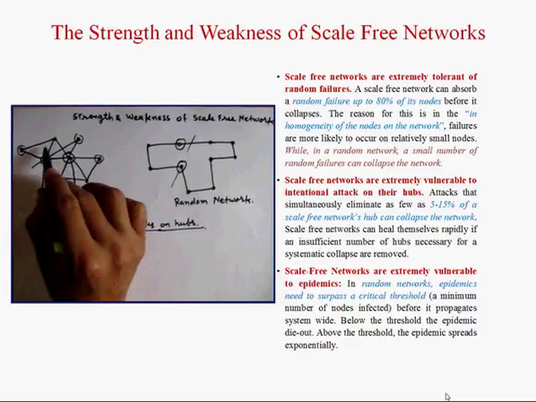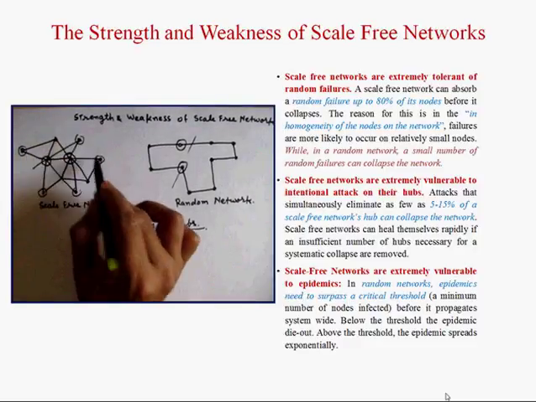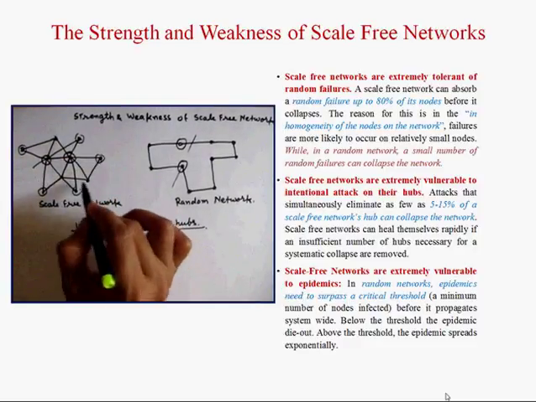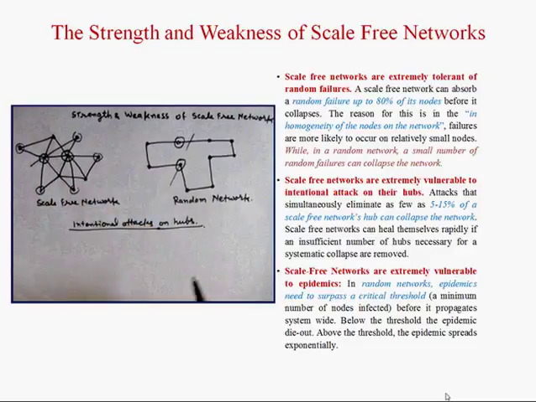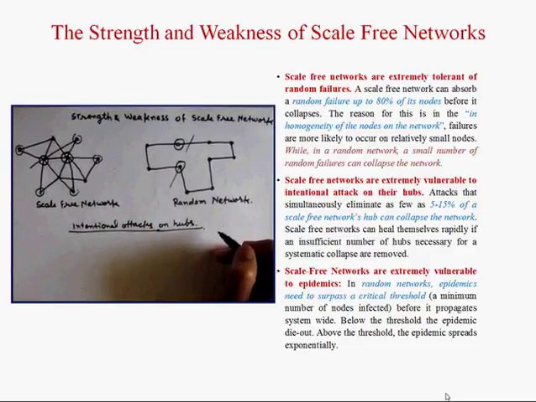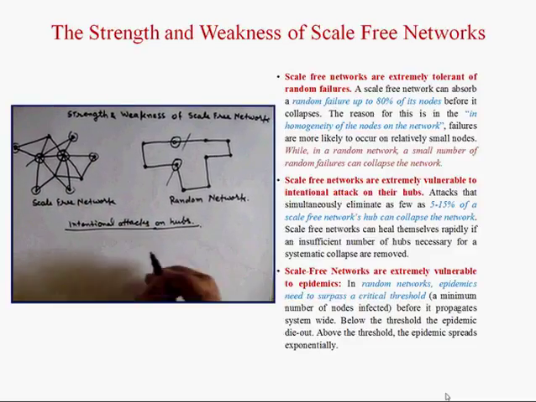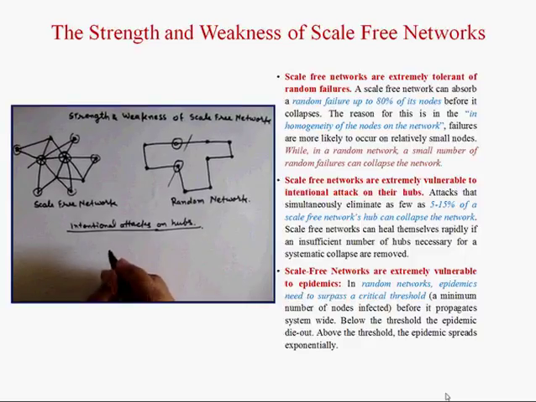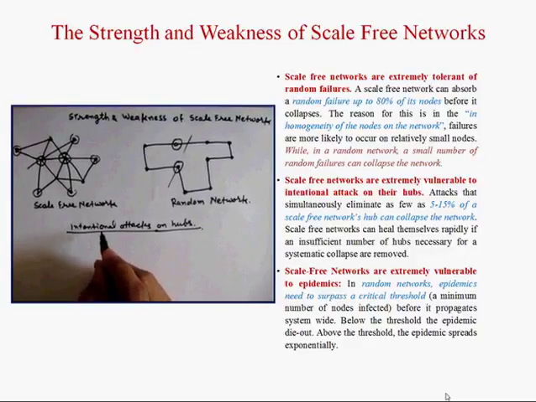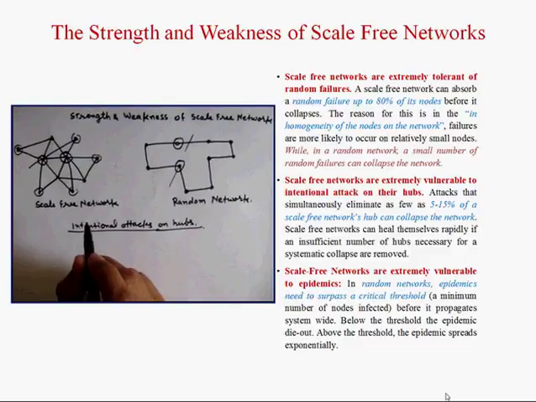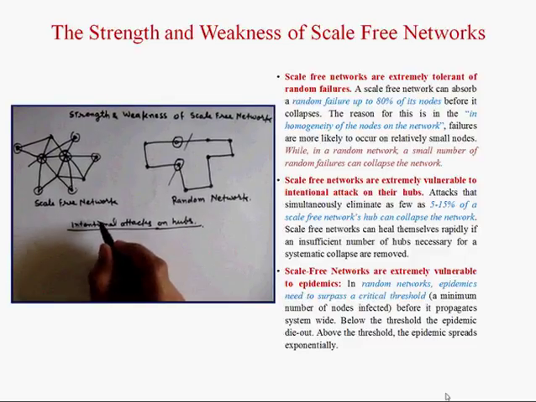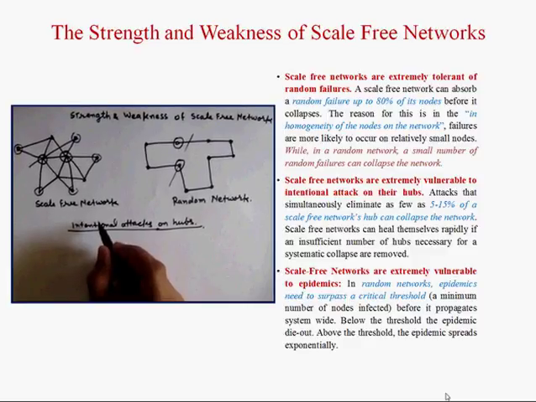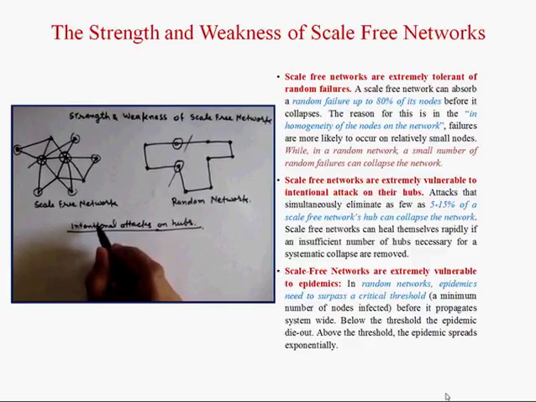For example, this node, all its nodes will be disconnected from the network structure. Attacks that simultaneously eliminate as few as 5 to 15% of a scale-free network's hubs can collapse the entire network. A scale-free network can heal itself rapidly if an insufficient number of hubs necessary for a systematic collapse are removed.